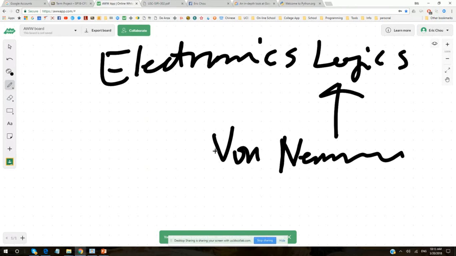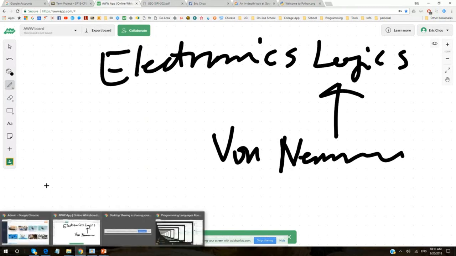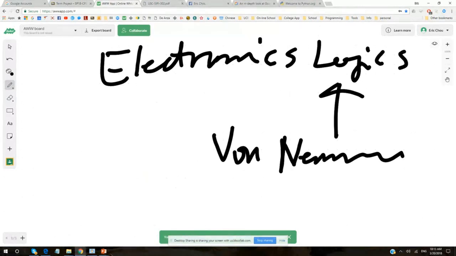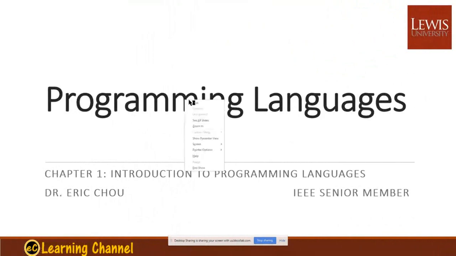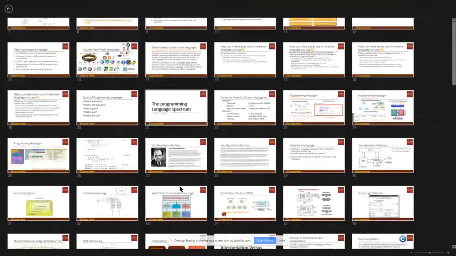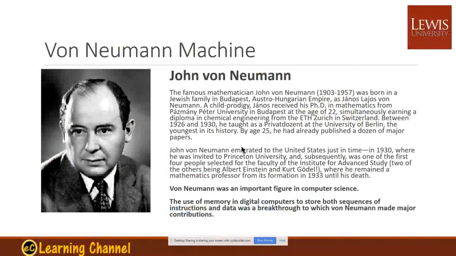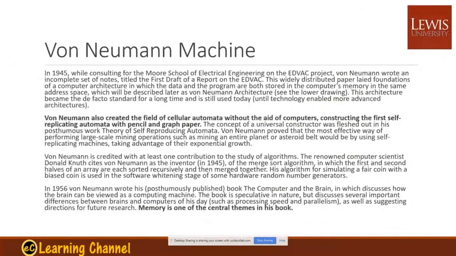And IEEE still has a Neumann award prize. It is considered one of the most important contributors in the programming language and computer science domain. So this one is Neumann. And Neumann also created the field of cellular automata without the aid of a computer. So it's the first self-replicating automata using pencil and paper.